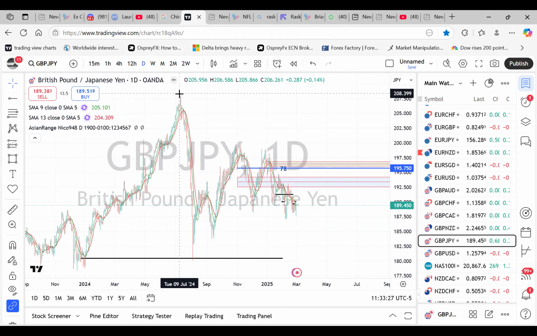A long time ago, we got a huge push down that broke all these lows. And a long time ago, I told everybody who would listen that JPYs was bearish. And then we got this trade that pushed up. All that is a pullback to me. And then this complex move back down fooled people.